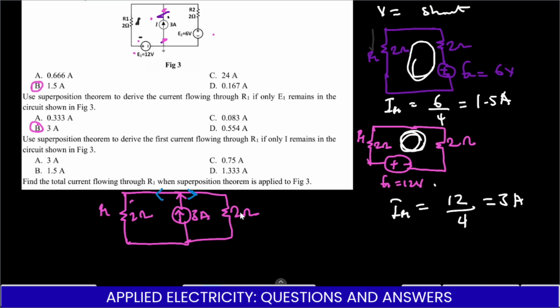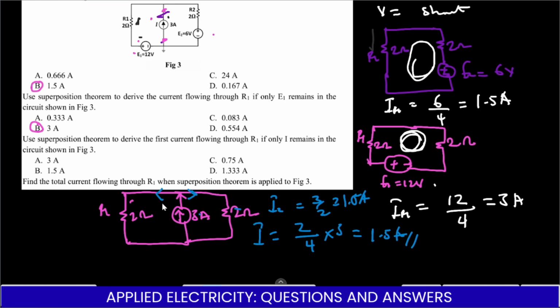We know this is 2 ohms and this is also 2 ohms, so it's the same current on each side. So the 3 amps will be divided by 2, which gives us 1.5 amps. Or we can say the current is the opposite resistance, which is 2, divided by the summation of the two, which is 4, times the total current, which is 3, and that gives us 1.5 amps again.